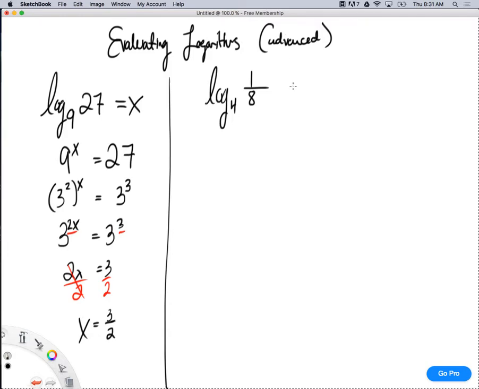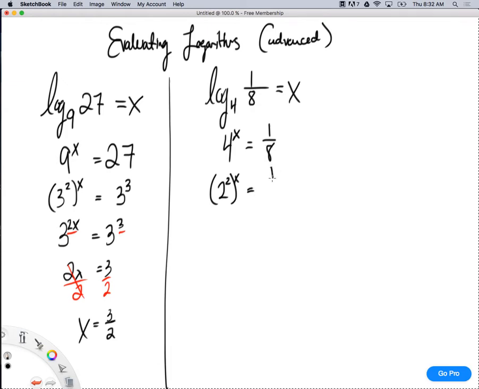So I set it equal to x. This then becomes 4 to the x equals 1 over 8. Then I find the common root. What's the common root? 2. Good. 4 is 2 squared.